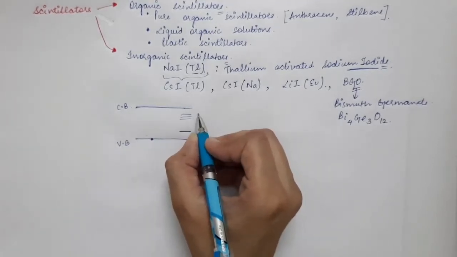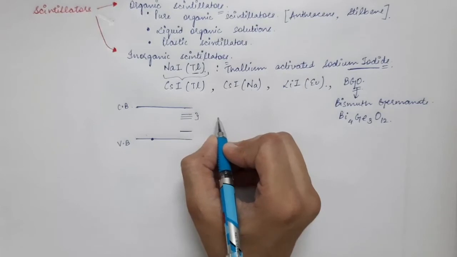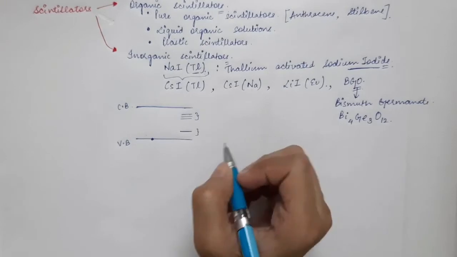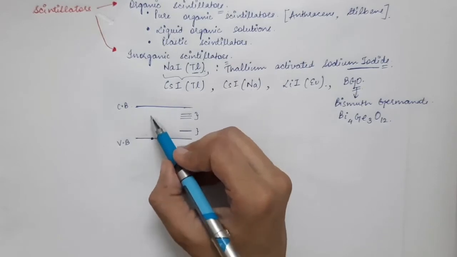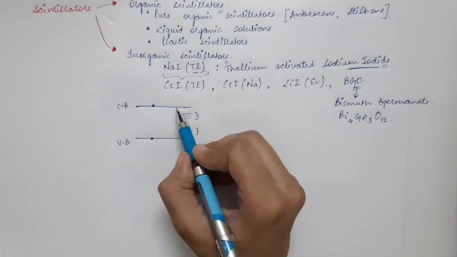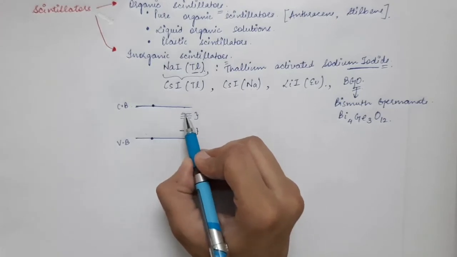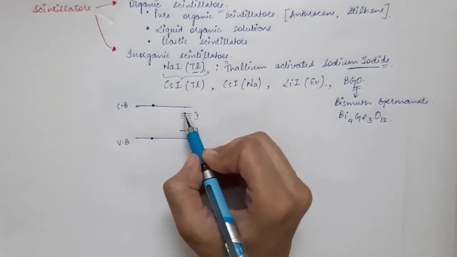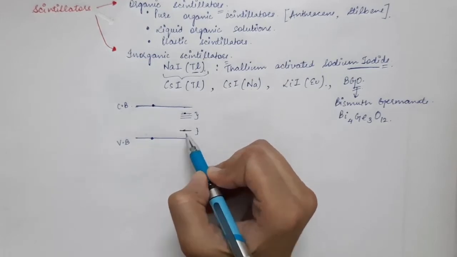Now these energy states are called activator excited states, and this energy state is called the activator ground state. Now when this electron absorbs energy from the incoming radiation, it goes to the conduction band, and when it encounters activator sites, this electron will go to the activator excited state, and then go to the activator ground state.